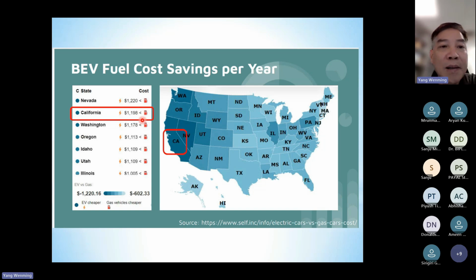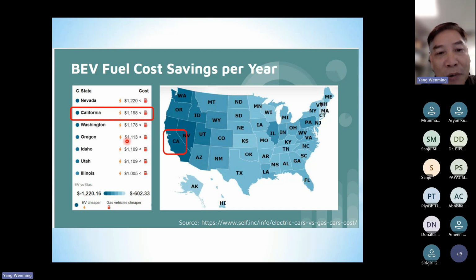Here is a brief introduction on the electric vehicle fuel cost saving per year compared with gas engines, the combustion-based IC engines. We can see that in different states this fuel cost saving is different because, like I mentioned, the selling price of gas is different in different states. In Nevada, fuel costs can be saved by 1,220 US dollars per year, and in California about 1,200 US dollars.